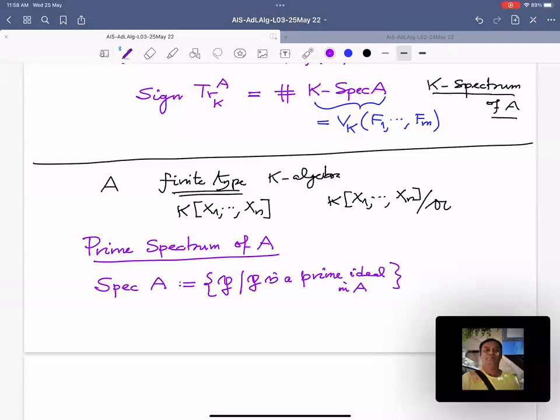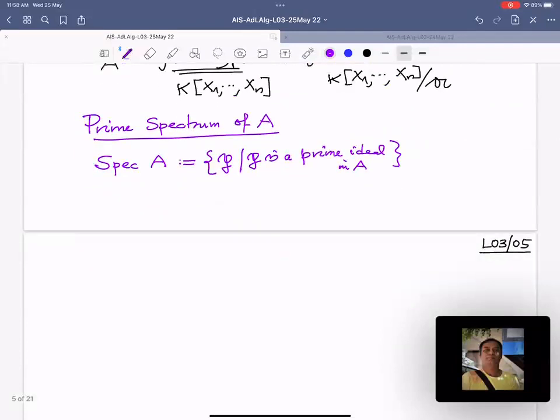This is the prime spectrum. This contains what is called the maximal spectrum, Specm. This is the maximal spectrum. This is the set of all maximal ideals M, where M is a maximal ideal.